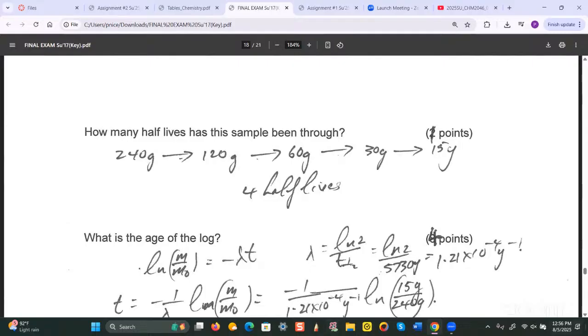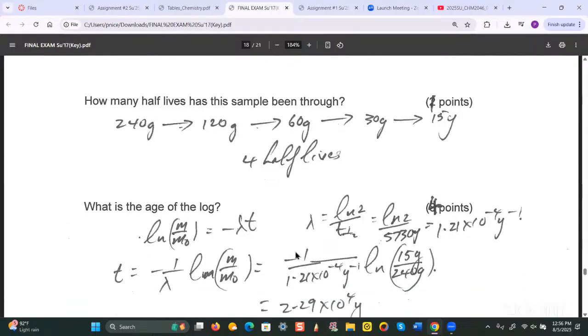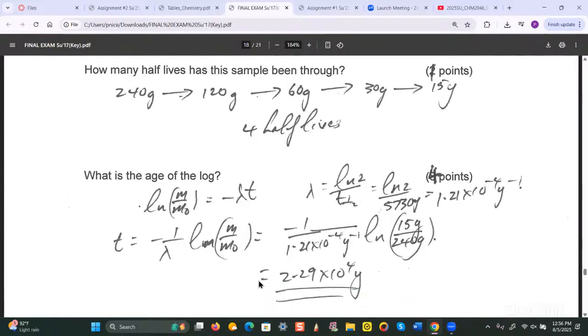So basically, we have everything now that we can plug into this equation to find t. We can rearrange this to get t is equal to minus 1 over lambda times ln M over M0, and then we put the numbers in, right? And that's it. We put M, 15 grams, M0 is 240 grams, lambda is 1.21 times 10 to the minus 4 years to the minus 1, and we do the computation and we get that result.